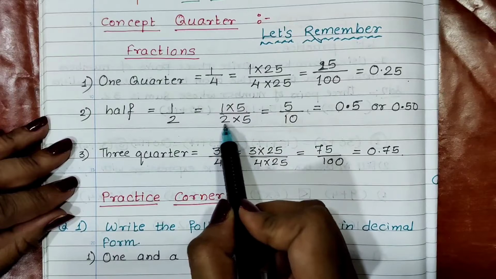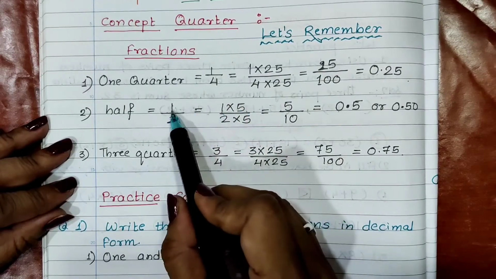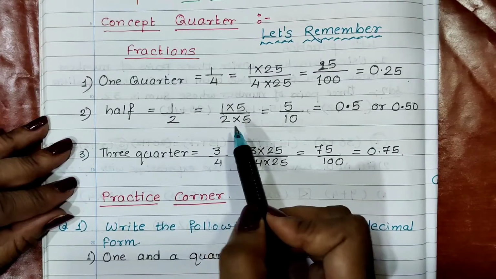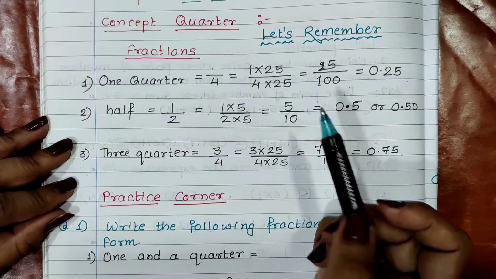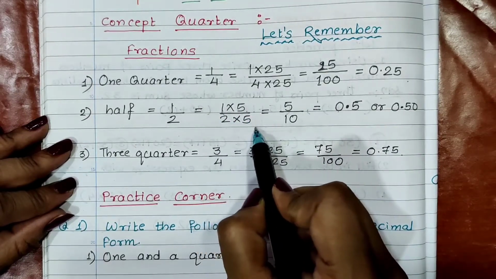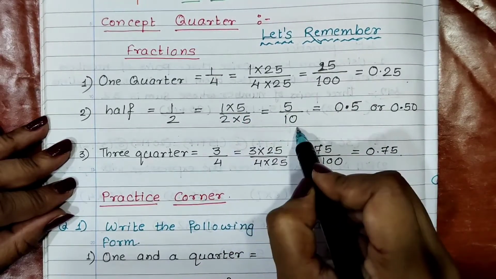As we are multiplying 2 by 5, we have to multiply 1 also by 5, because we have to multiply numerator and denominator by the same number. That is the rule of mathematics. We all know that. So 5 1s are 5 and 5 2s are 10.